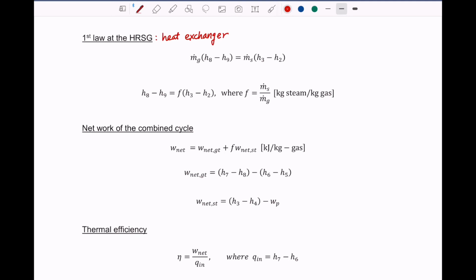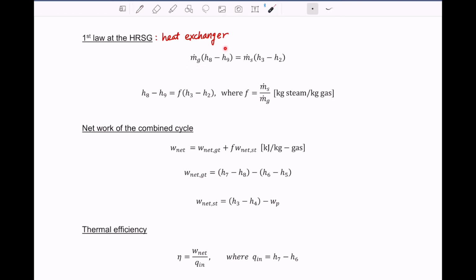The core part of the HRSG is again heat from the exhaust gas transferred to the water. Now, by assuming there should be no work component, and potential energy and kinetic energy for both gas and water are ignored, the first law of thermodynamics can be simplified to the equation that we are looking at here.